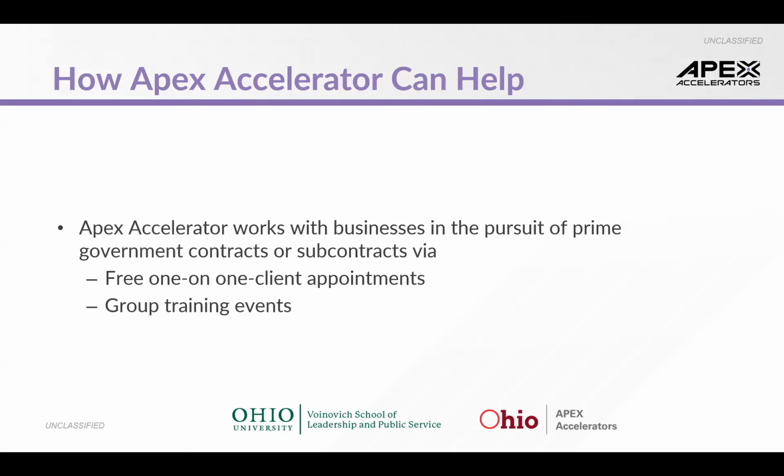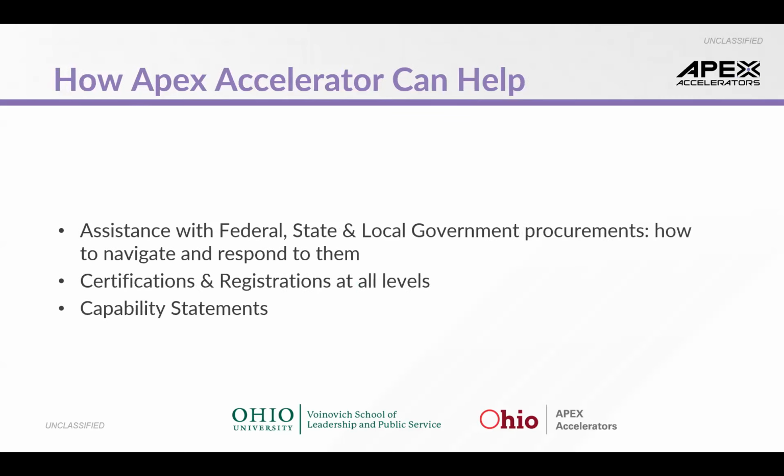We do it with free one-on-one client appointments, and we do group training events with partners like WeBank, and doing things on our own with other partners as well. We assist our clients with federal, state, and local government procurements. We help you navigate how to respond. We help you get registered. We help you with the capability statement.